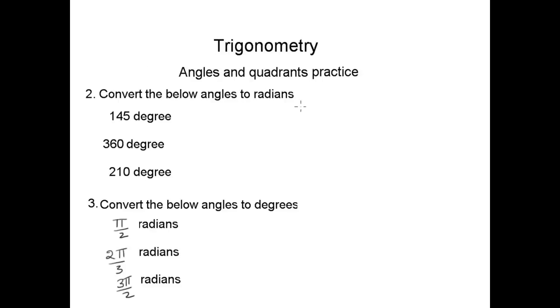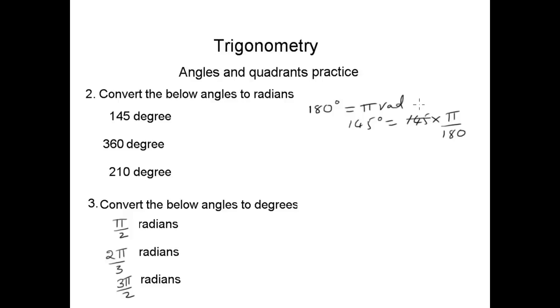So we know that 180 degrees is pi radians, right? How much is 145 degrees? So 145 degrees would be 145 times pi over 180, right? So let's simplify this.